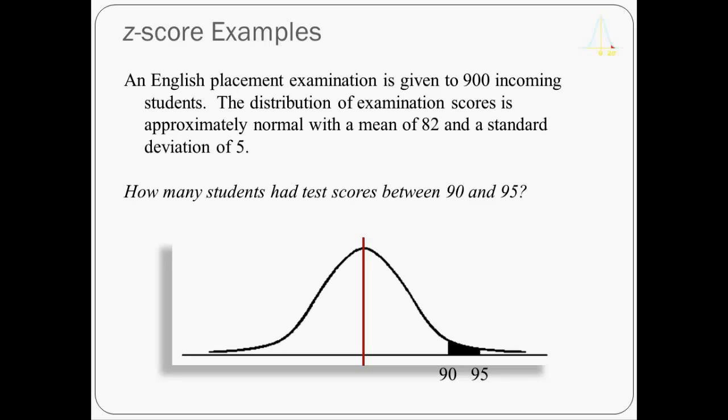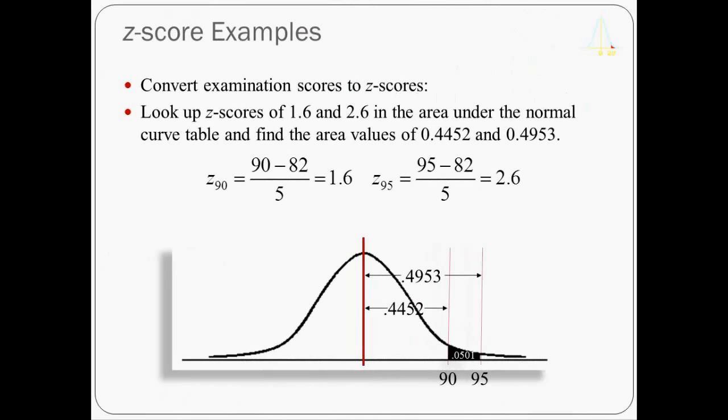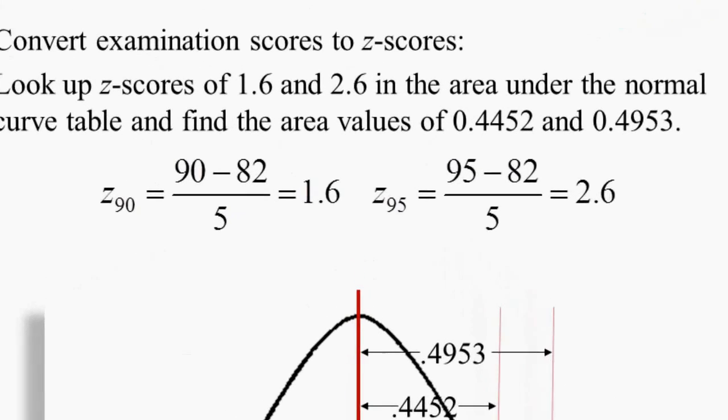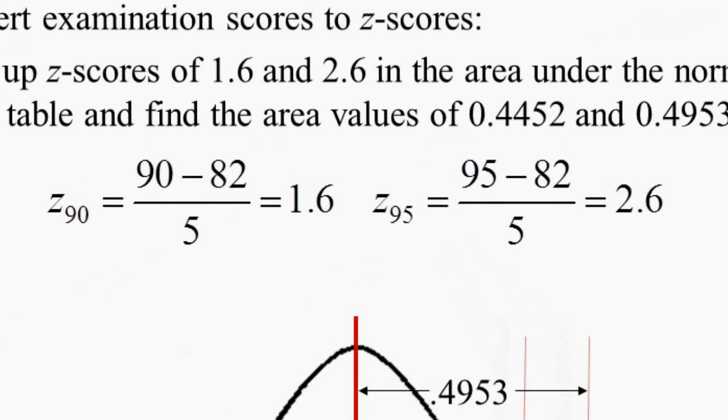And then we're going to subtract that area from the other area to get that little piece that's shaded in, which is the proportion or probability of students who had scores between 90 and 95. And again, we'll multiply that by 900 to get an approximation of the number of students in that shaded in area. So step number one, let's convert both of those scores to z-scores.